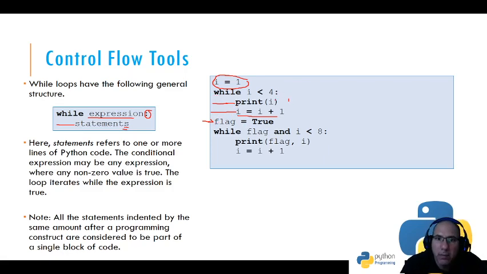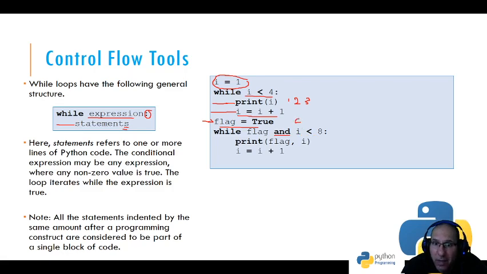So I will keep doing the loop and executing the statements inside the loop until this condition becomes false. Since I increase the value of i by 1, I'll print 2, then 3, because 3 is less than 4, then i becomes 4, and 4 is not less than 4, false. I will come to flag equal true, while flag true, and this is the logical expression, and i less than 8, okay, true.